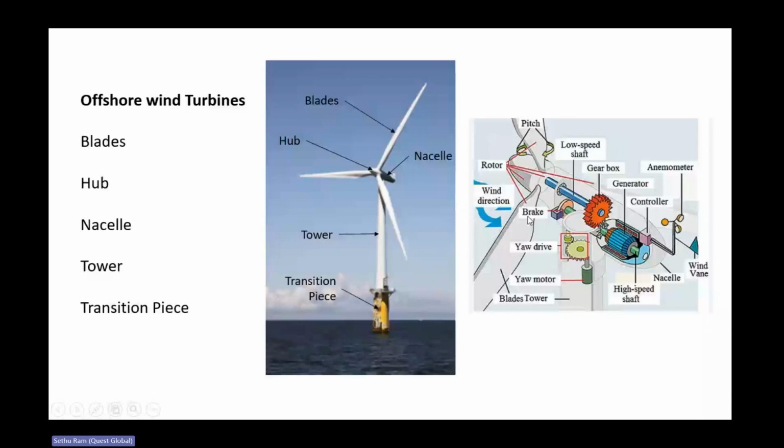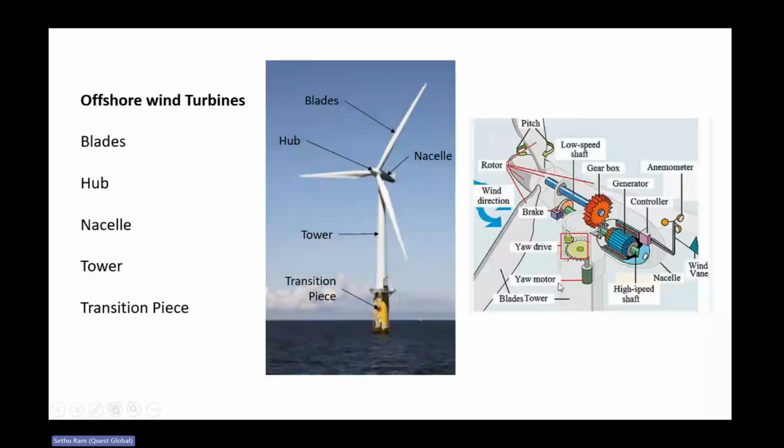The brake is required and important. And this yaw drive rotates the wind turbine to face the wind. With the help of this yaw drive, we can swivel the wind turbine so that the entire thing faces the direction where the wind speed is more. For that, we have this yaw drive.